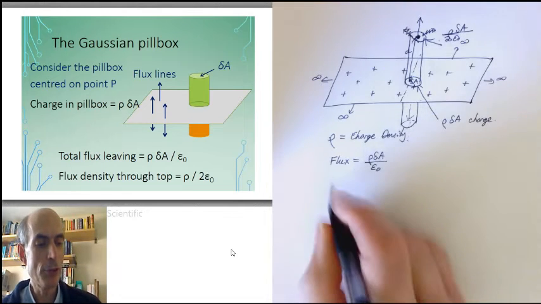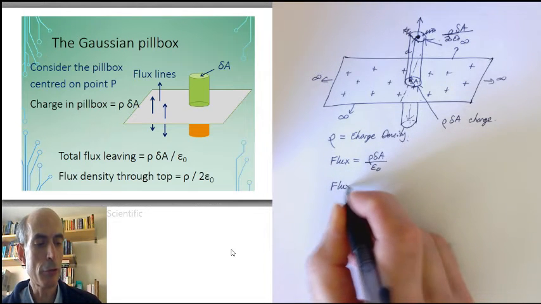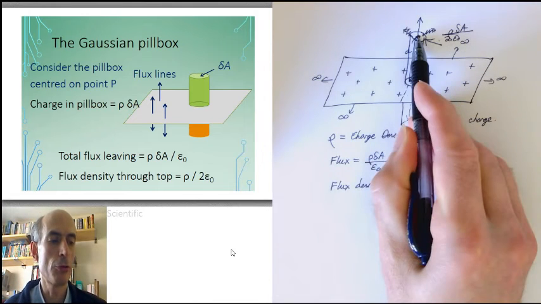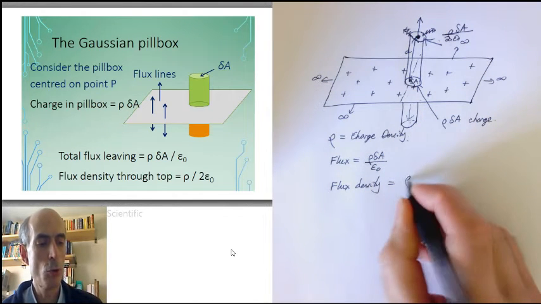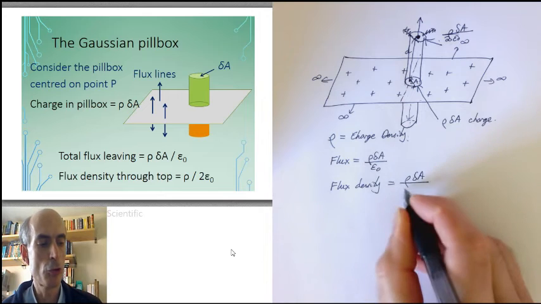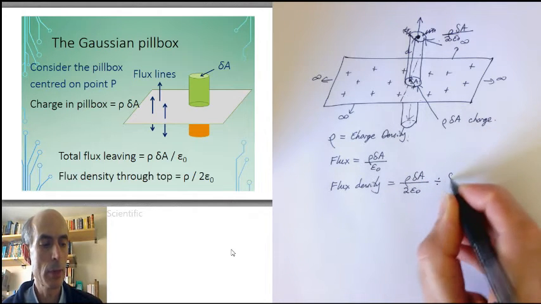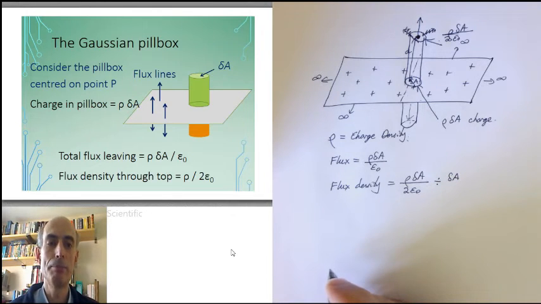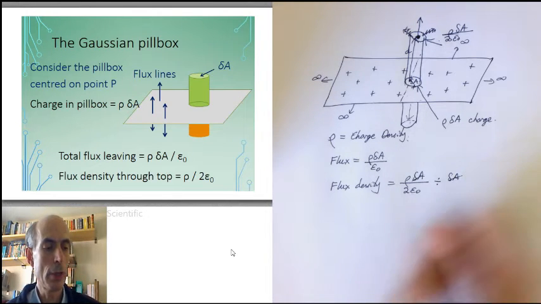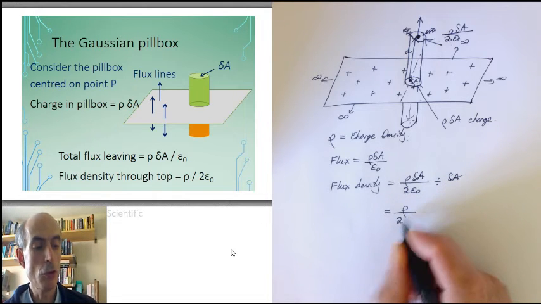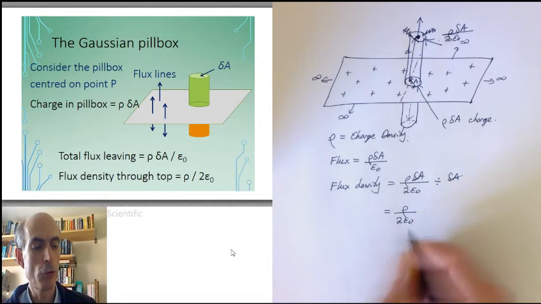The flux density emerging from the top is then the total flux emerging from the top, which is rho times delta A over 2 epsilon naught, divided by the area, delta A. So the two delta A's cancel. That gives me that the flux density is rho over 2 epsilon naught.